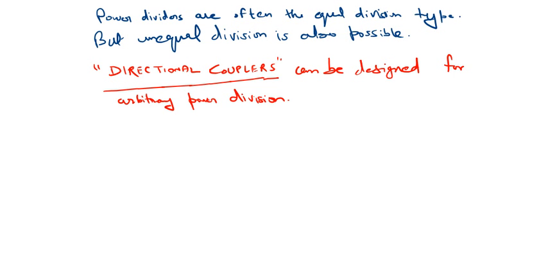Also we have hybrid junctions. Basically they are for equal power division.